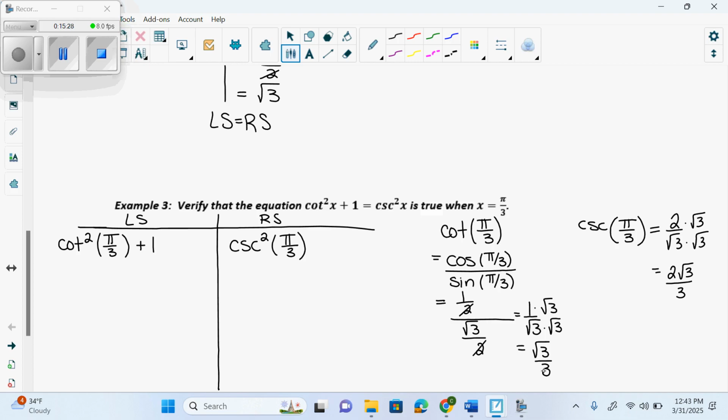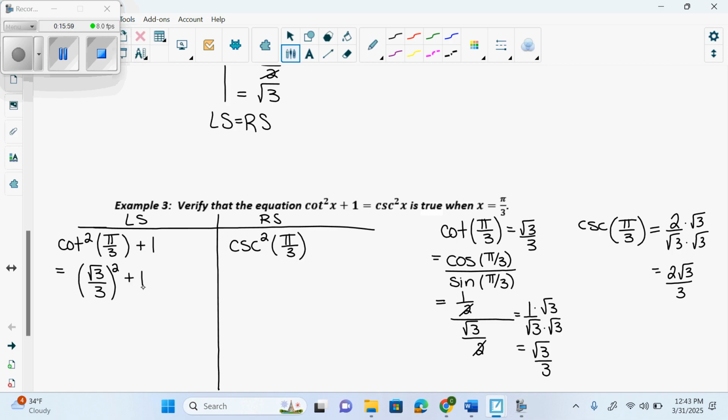So once we found that work off to the side, we know that this is root 3 over 3, and we know that is 2 root 3 over 3. We have to plug it in. So cotan squared pi over 3 just means cotan of pi over 3, whatever the heck the answer is, that squared. That's all that means. So cotan of pi over 3 is root 3 over 3, so we're going to get equals root 3 over 3 squared plus 1.